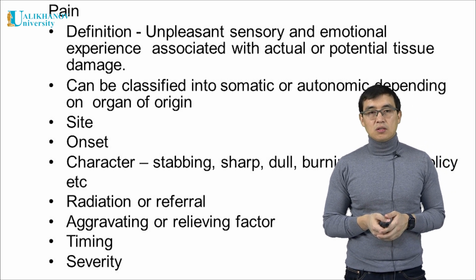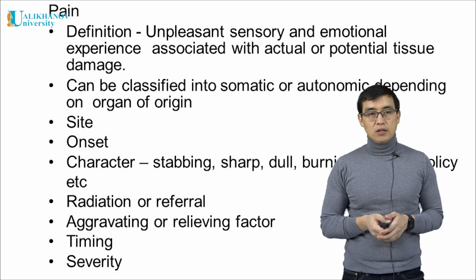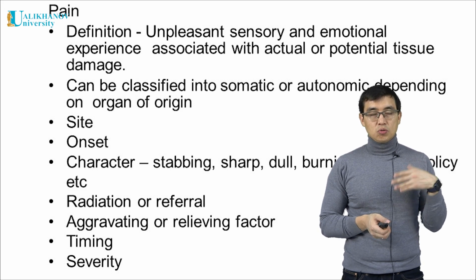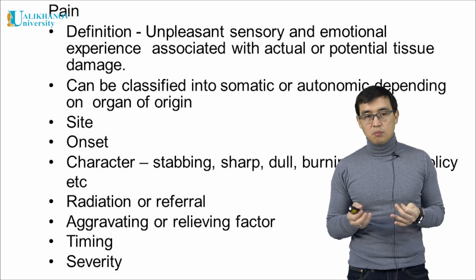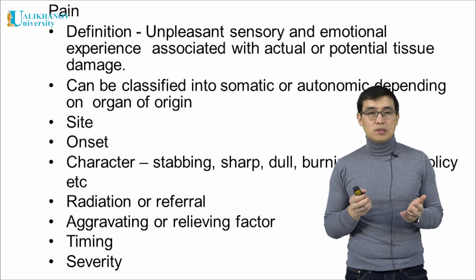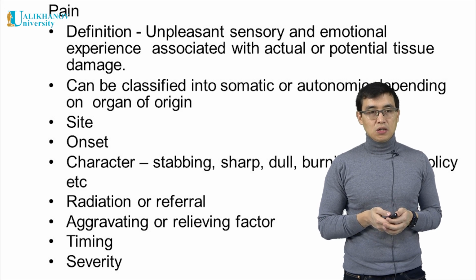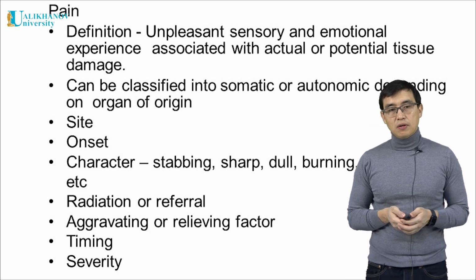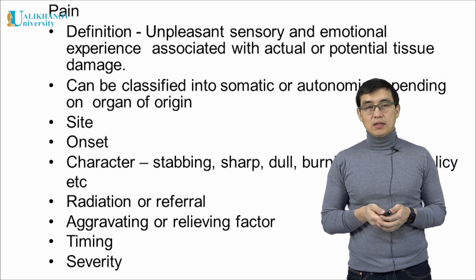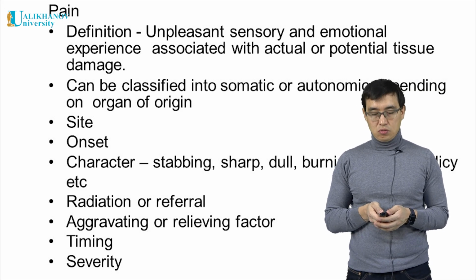It can be classified into somatic or autonomic depending on the organ of origin. We should ask about site, whether it is stabbing, sharp, dull, burning, itching, colicky, and so on. Radiation, aggravating or relieving factors, timing, and severity of this pain.